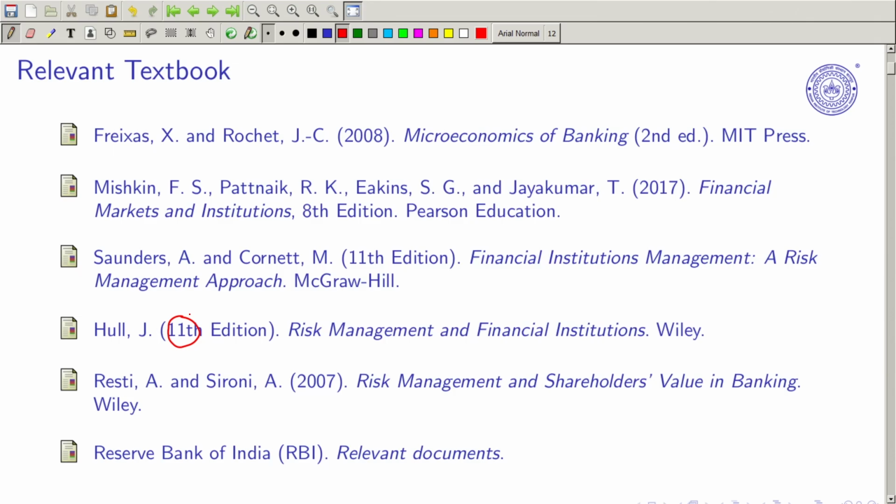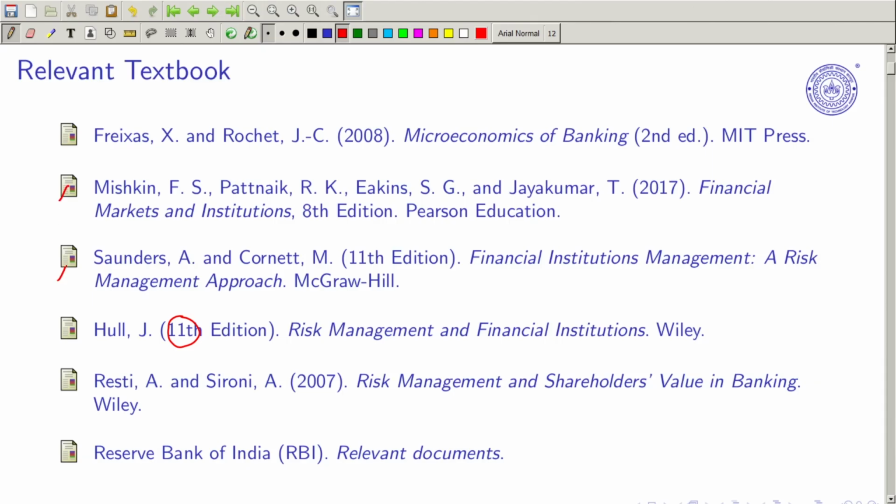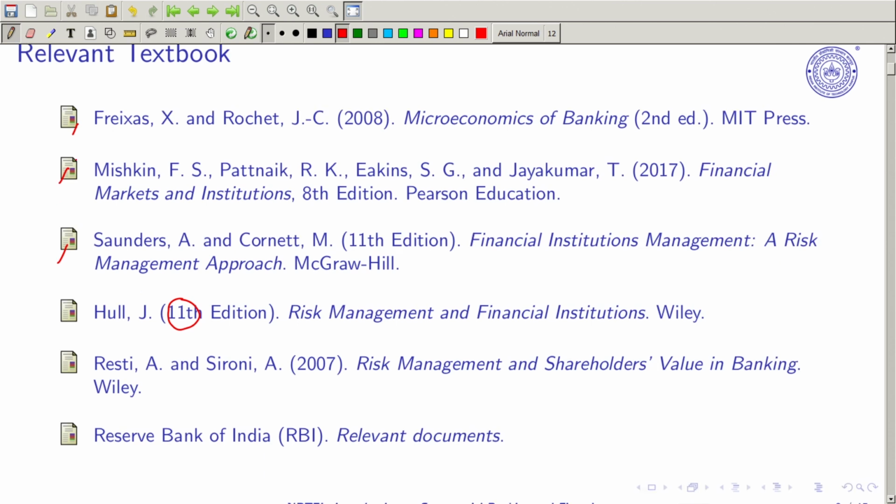Normally Hull is known for options, futures and derivatives, and that book is widely popular, but this book is on risk management and financial institutions. And some of the documents and web pages available on the RBI site have been very helpful. So I would request that if you are interested, you can go through these two, and it will help you understand better. Hull we have only referred to for the risk side, so that can be left out, but Mishkin, Saunders and Freixas are the three best references.